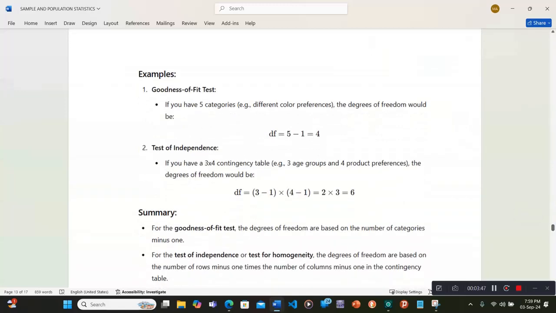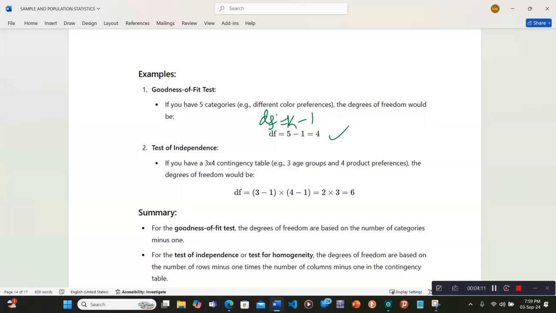So given that you have 5 categories, for example, different colors, if we are talking about the goodness of fit test, then the degrees of freedom will be K minus 1, whereby K is the number of categories, and if the categories are 5, then the degrees of freedom would be 4.